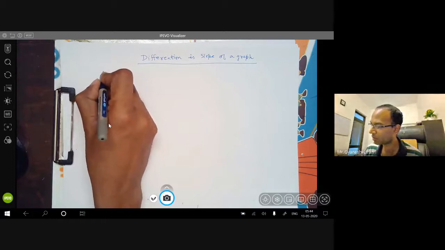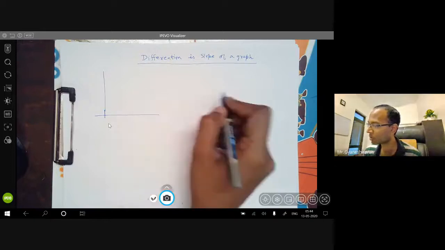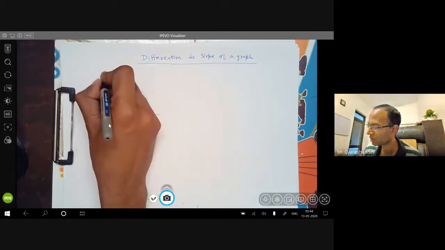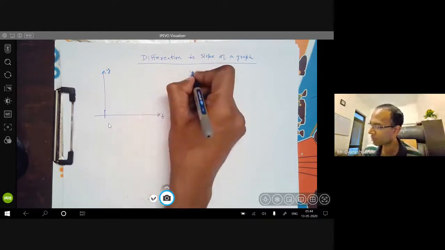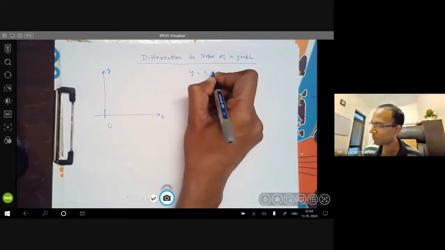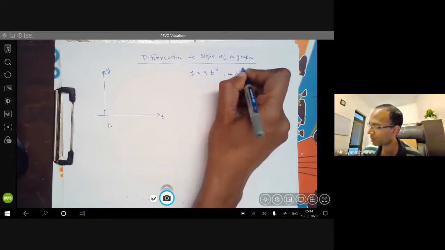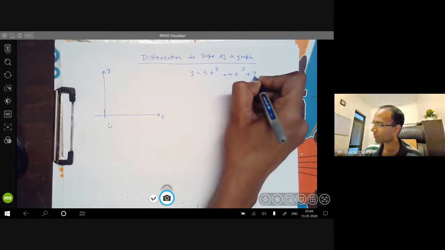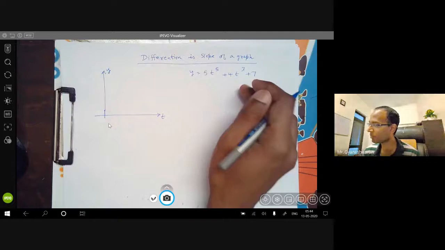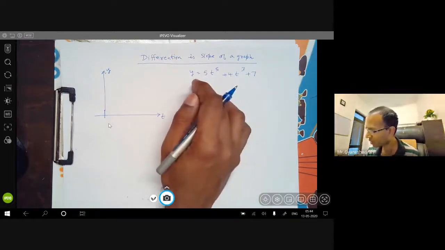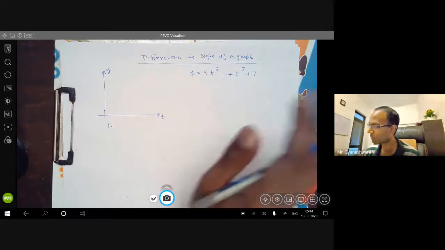For instance, let us take the case of the displacement of a particle in 1D motion given by the function y = 5t^5 + 4t^3 + 7. I've taken a complicated function so that even the slope is a function of time, and the derivative of velocity, which is acceleration, is also some function of time.